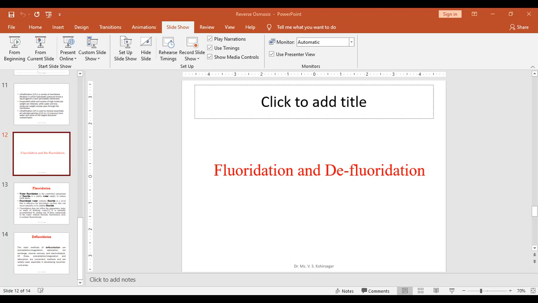And if it is more than 1.5 ppm, decolorization of teeth, which we call mottling of teeth, and deformation of bones happen. Mottling, you can write down the spelling, M-O-T-T-L-I-N-G. Mottling of teeth means what?